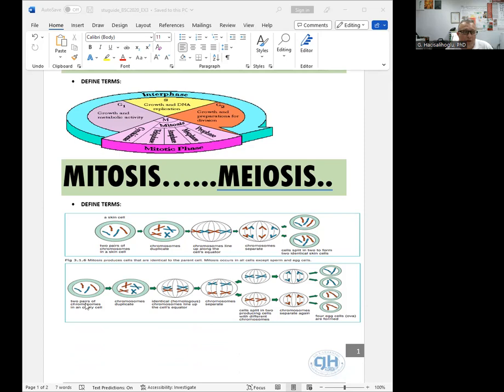Okay, so they both have interphase, but mitosis has just prophase, metaphase, anaphase, and telophase, and then creates 2 equal, genetically identical offspring. They are identical to the parent and also identical to each other. That's mitosis. But as you see, meiosis at the bottom here has 10 steps.